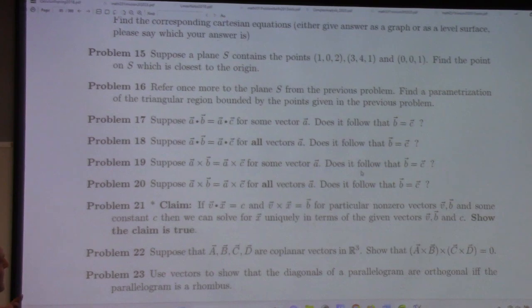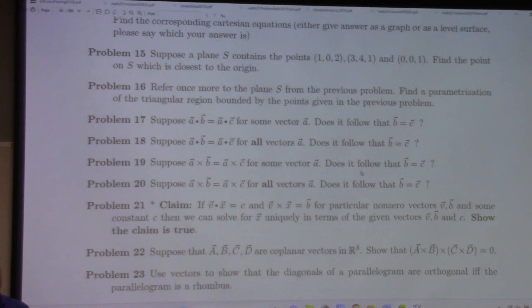If you have a dot b equals a dot c, does it follow that b equals c? What if you have a dot b equals a dot c for all vectors a? Does it follow that b equals c? Do you understand the difference between these? It's a big difference between knowing that it's equal for one given a versus knowing it is equal for all a. These are very different statements.